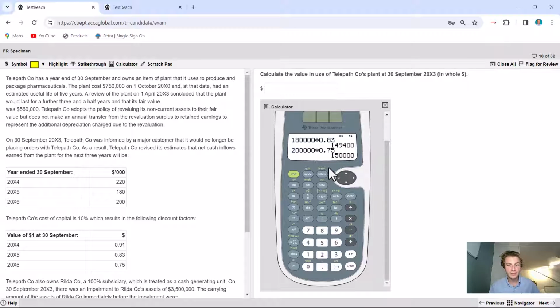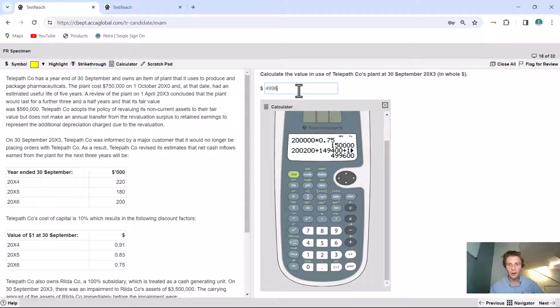Those are our 3 different cash flows, and what you would do for the answer is simply total them up, as you can see on here. So we'll take 149,400 and 150,000, and then we add it to the first cash flow, 200,200. 200,200 plus 149,400 plus 150,000 gives us our final answer of 499,600.